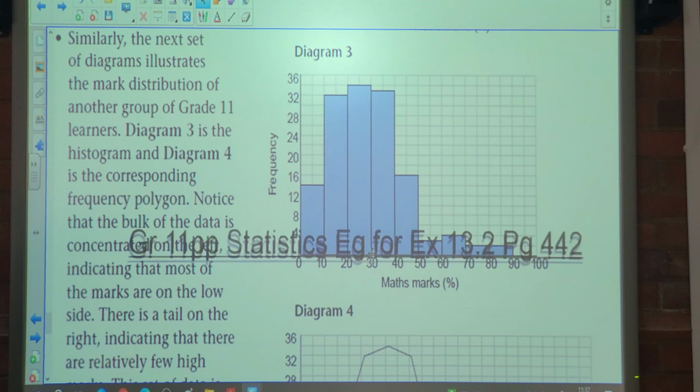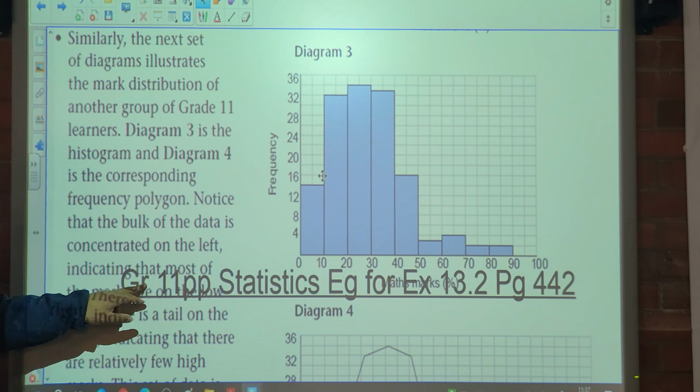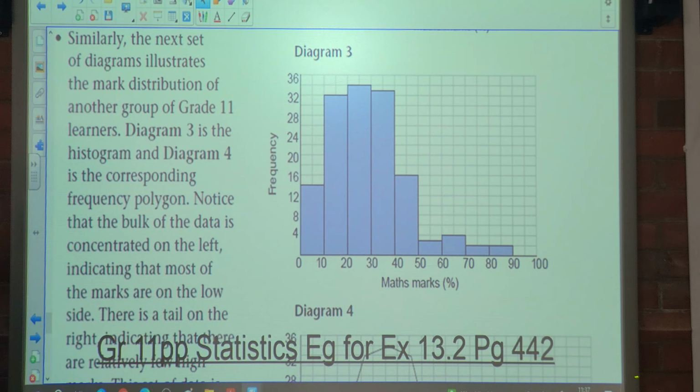Similarly, the next set of diagrams illustrates the mark distribution of another group of grade 11 learners. Diagram 3 is the histogram and diagram 4 is the corresponding frequency polygon. Notice that the bulk of the data is concentrated on the left, indicating that most of the marks were on the lower side.